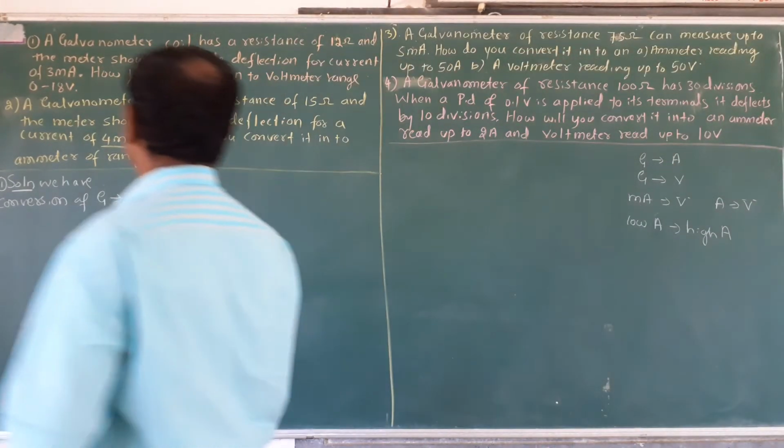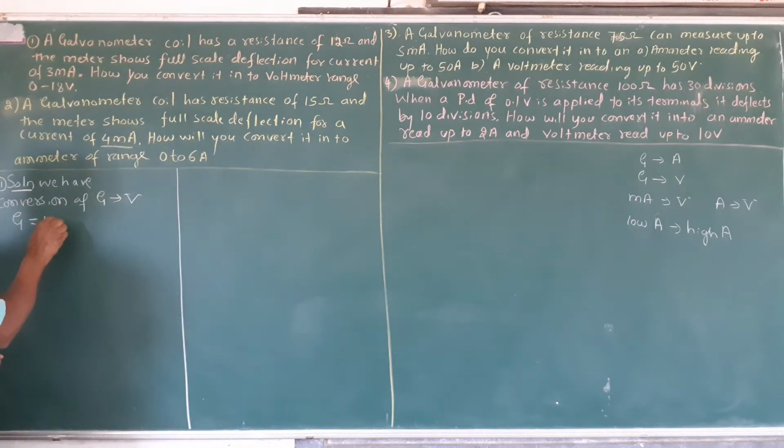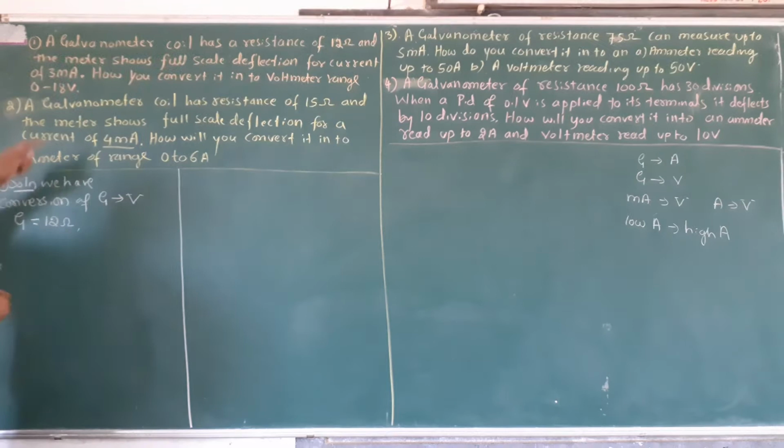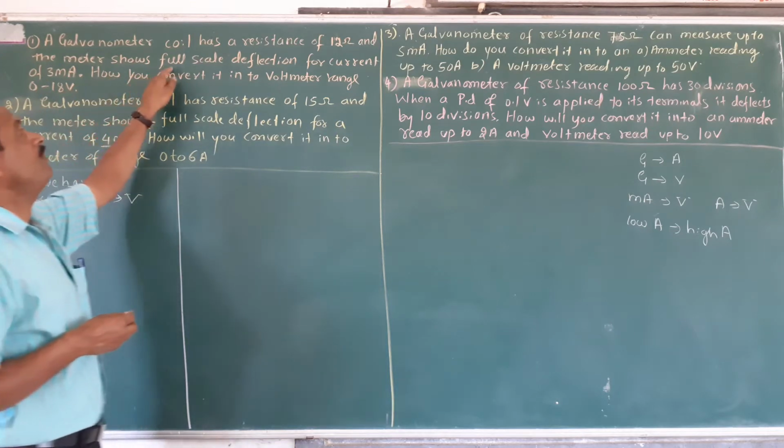Now what are the given factors? First you have to write down the galvanometer resistance, G is equal to 12 ohm.